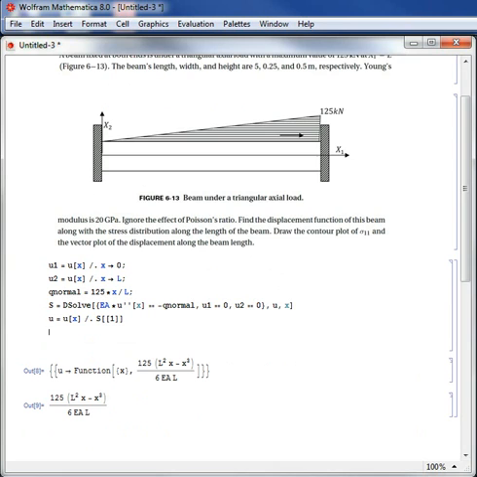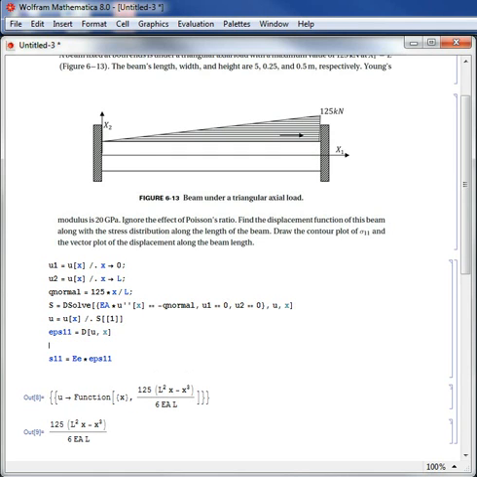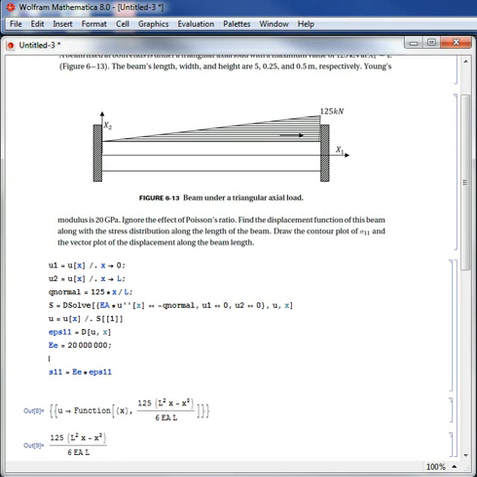Now we can say epsilon 1, 1 is equal to du by dx. S11 is equal to Young's modulus multiplied by epsilon 1, 1. Perhaps I should start giving values to all those variables. Young's modulus is 20 gigapascal, again using kPa.